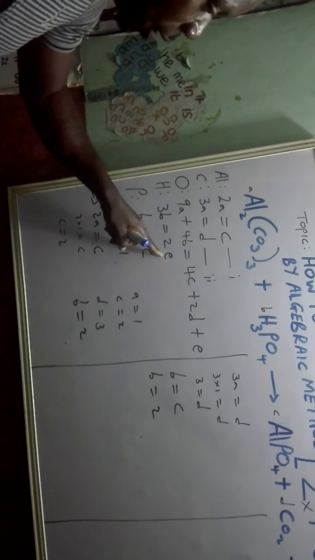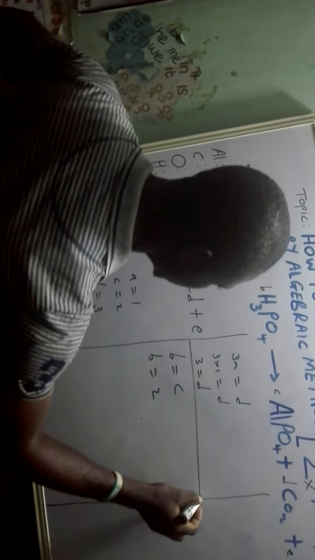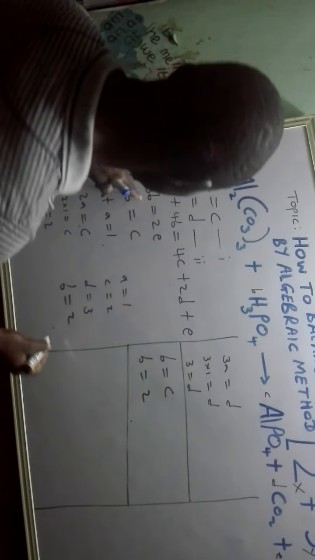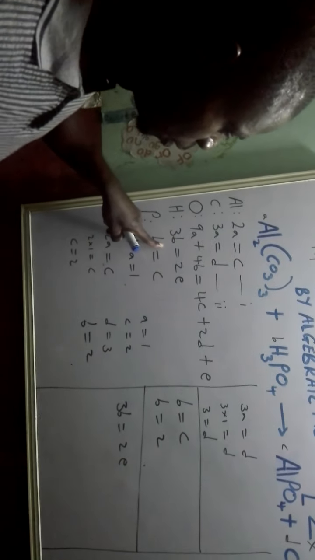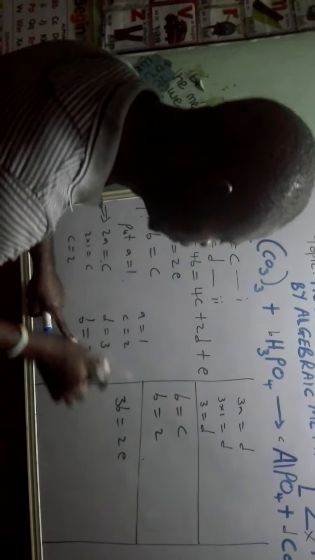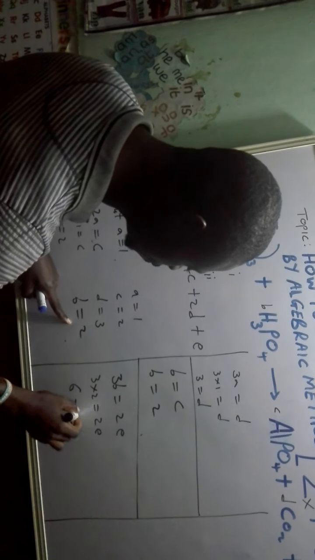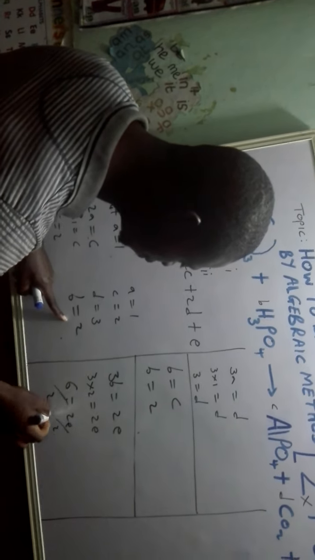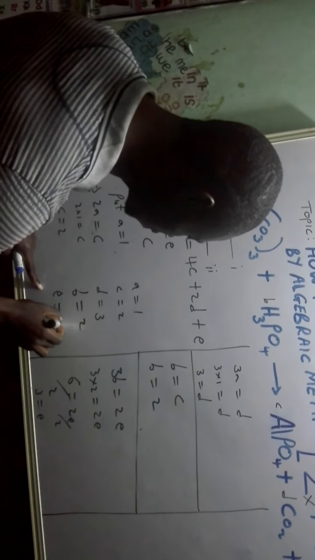Then we need letter E. We have 3B is equal to 2E. Already we have gotten B to be 2. So it will be 3 times 2 is equal to 2E. 6 is equal to 2E. Divide both sides by 2 to get 3 is equal to E. So letter E is equal to 3.